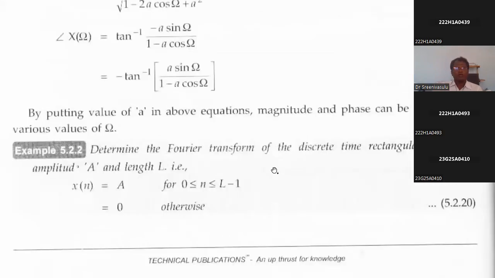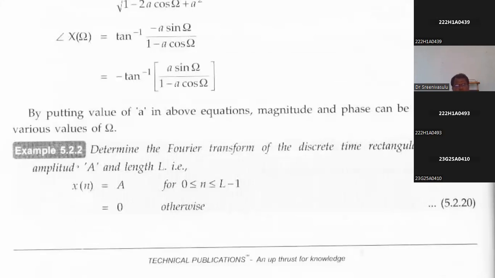Similarly, you take another problem. The problem is like this: determine the Fourier transform of the discrete rectangular pulse with amplitude A and length L. The rectangular pulse means a finite number of samples are there.